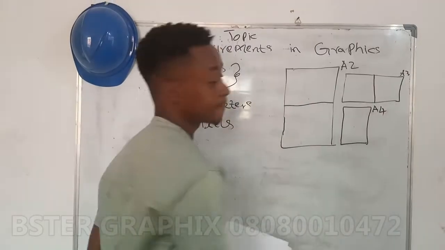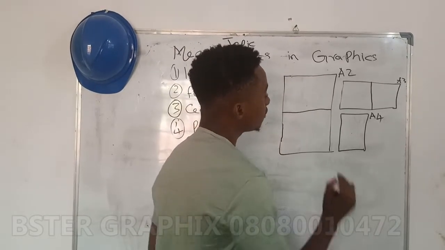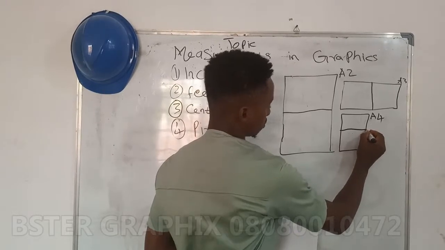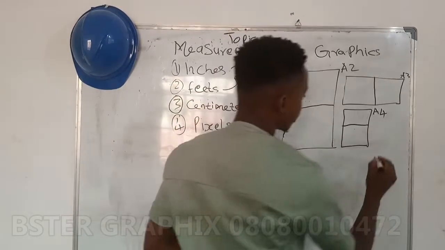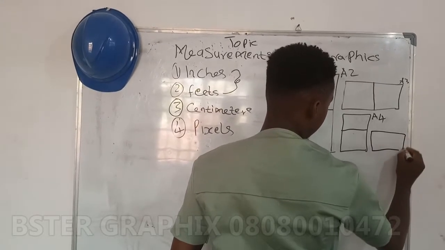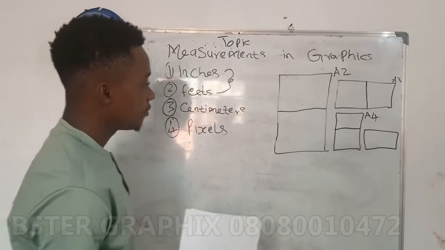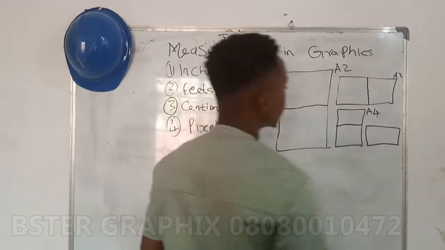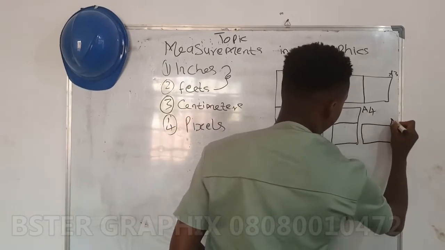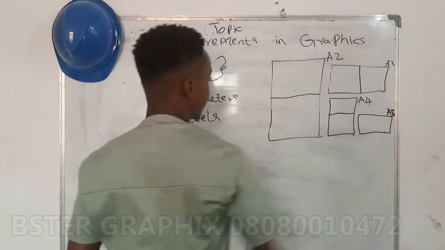size. Hope you are seeing what I'm doing. Then if you divide A4 into 2, you are going to get a size that is like this. So if you divide it like this, the size you get is called A5. This size is A5.